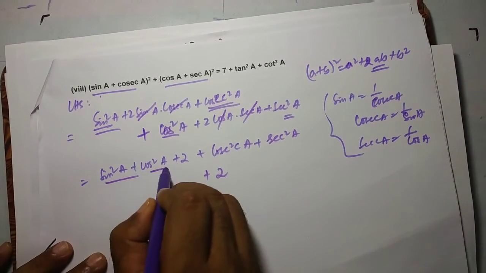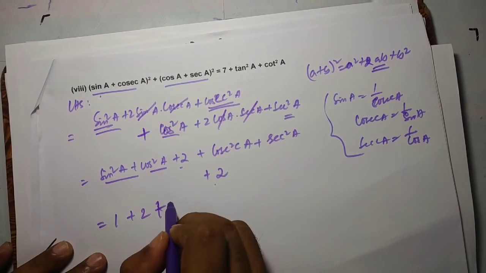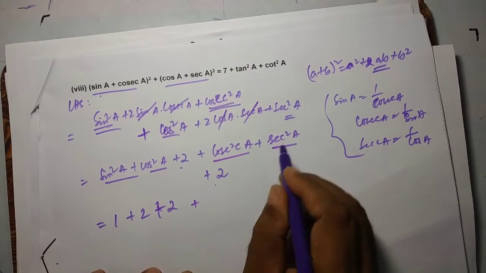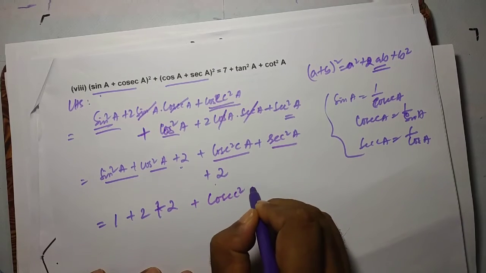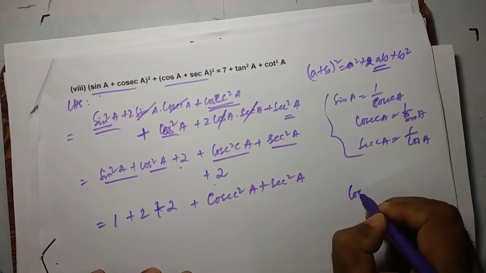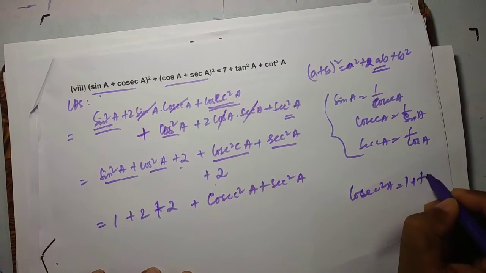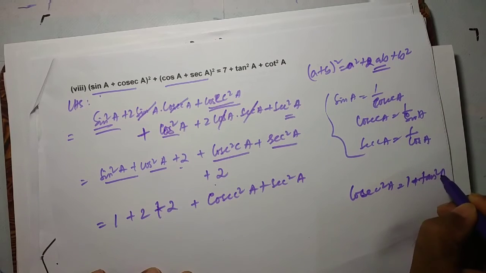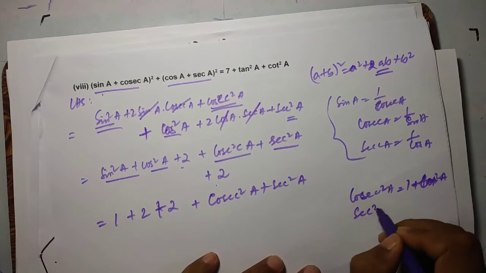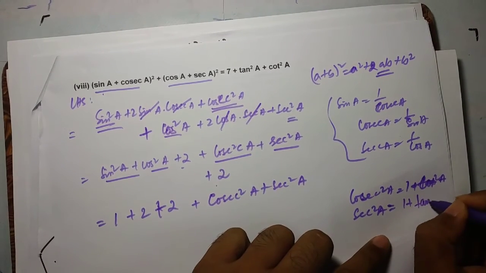Now sin square A plus cos square A again is 1, so this is plus 2, and we have cosec square A plus sec square A. And we know cosec square A equals 1 plus cot square A, sorry, and sec square A equals 1 plus tan square A.